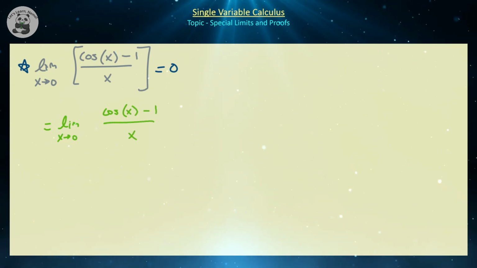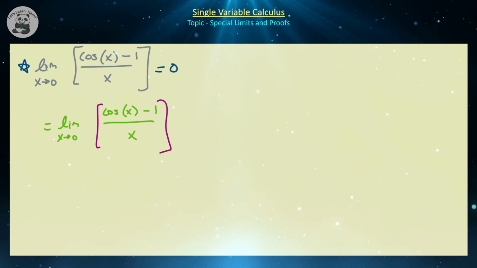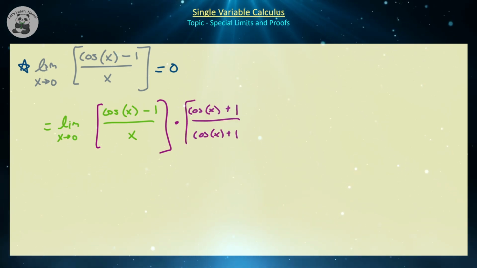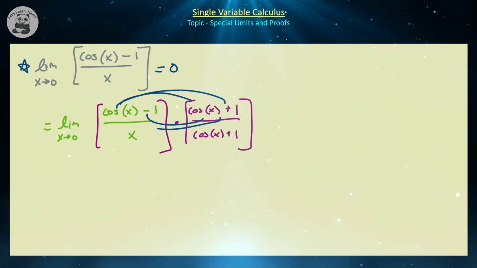And similar to some square root problems, notice that on the top I have something minus 1. So what I'm going to do is multiply this by something plus 1, top and bottom. And you actually see some magic happen here. So obviously on the top we're going to be foiling here.